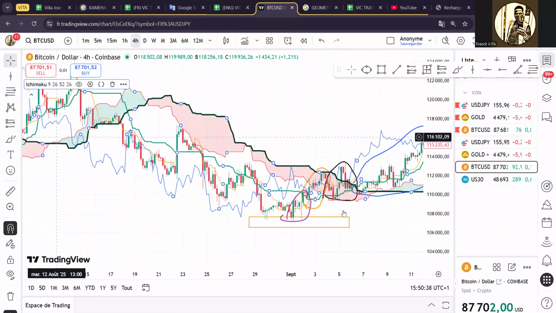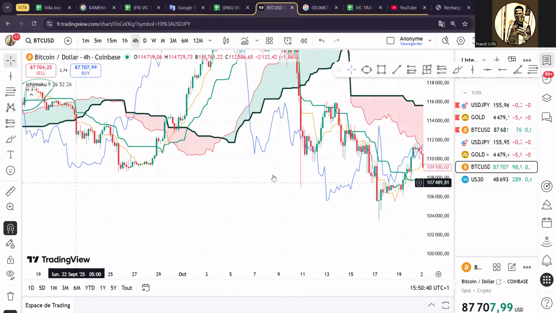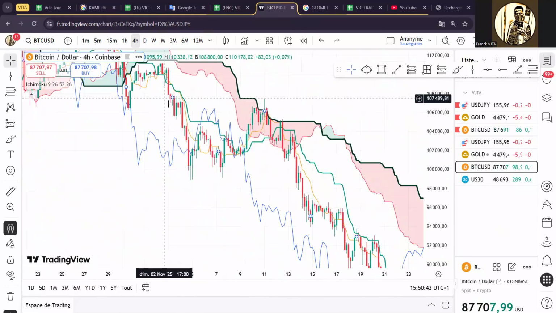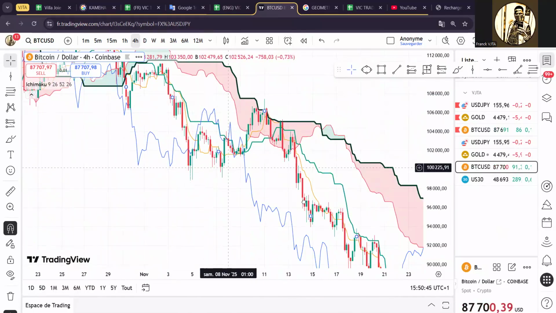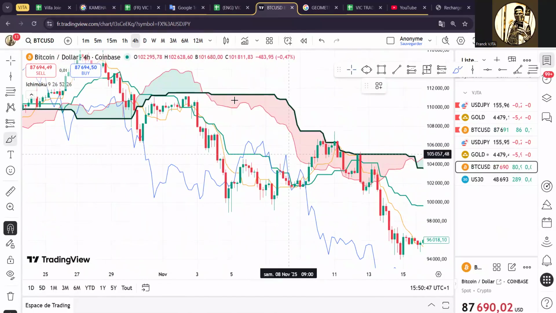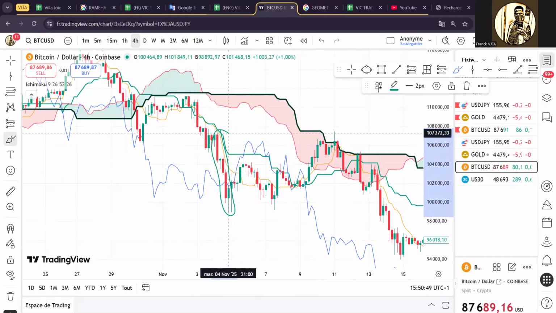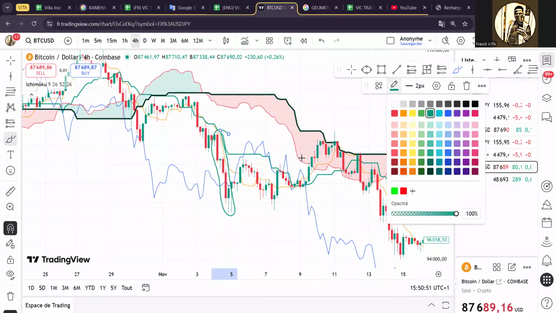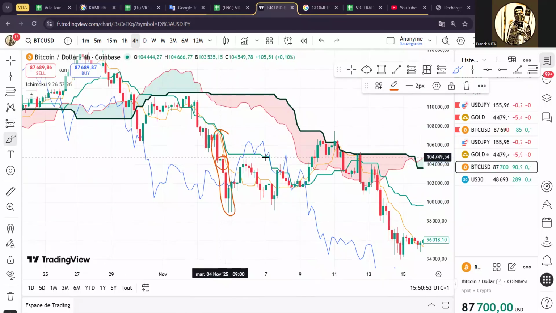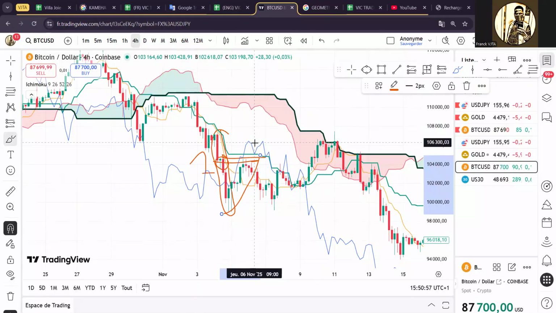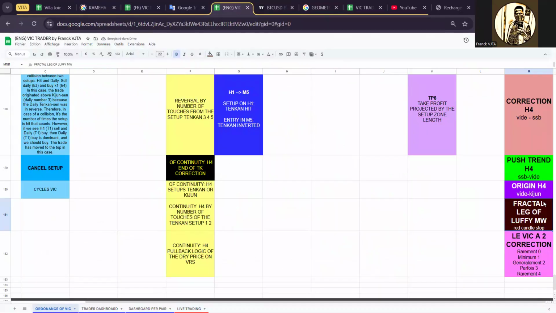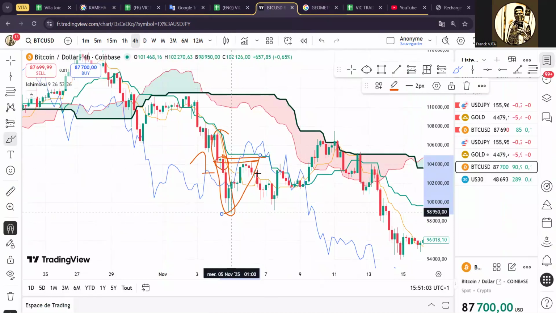You remember the leg of Luffy from the previous video. For example, on this correction, you have a whole leg of Luffy here. And this green candle is the first stop of the correction. So a red candle stopped it. This one is a green candle for this downtrend that stops the price.